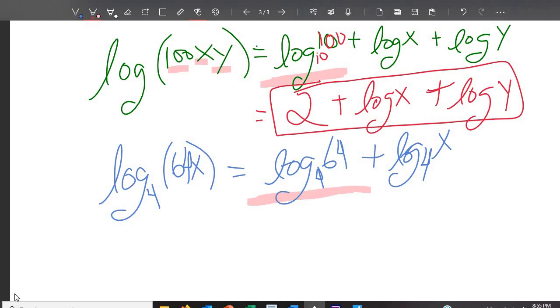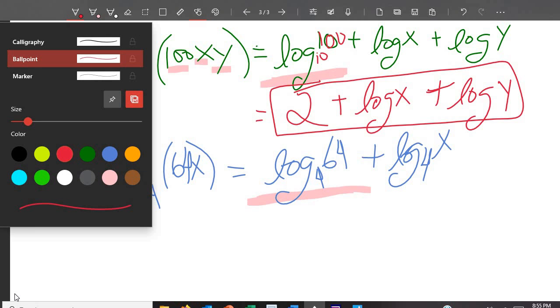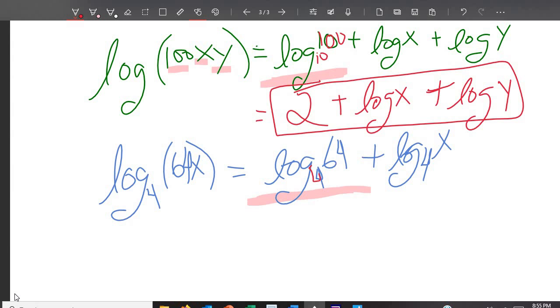Try to simplify this one if you can. What power do I raise 4 to to get 64? That answer is 3. Then we've got plus log base 4 of x. That's my answer.